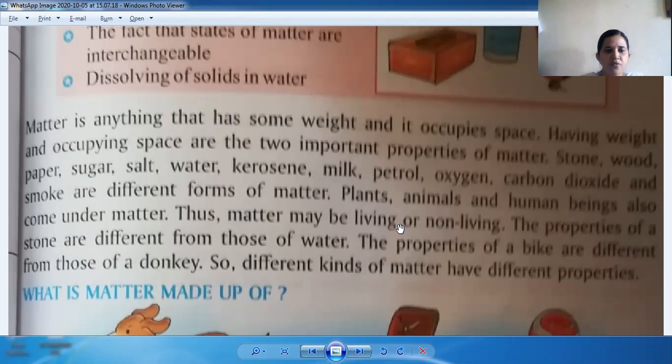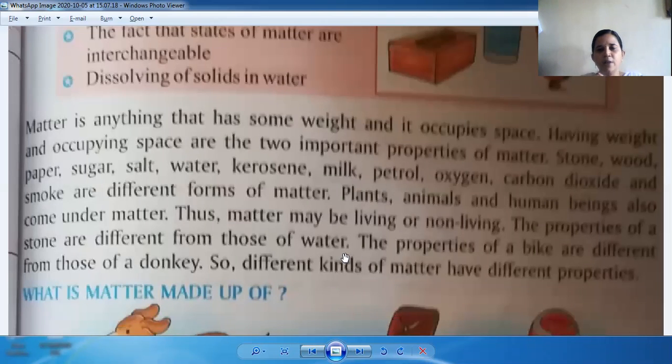The properties of stone are different from those of water. So how are the solids different from the liquids? The properties mean the characteristic features of it. For example, by seeing what things can you say it is a solid?